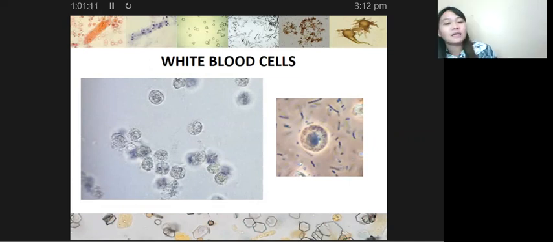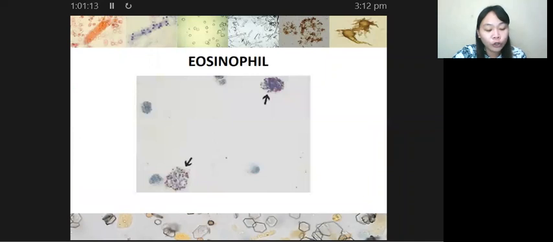Sometimes it's quite hard for us to distinguish neutrophils from your other cells, particularly your renal tubular cells.